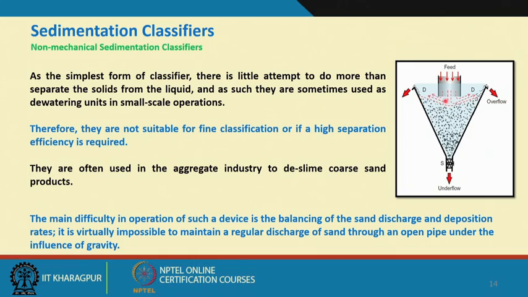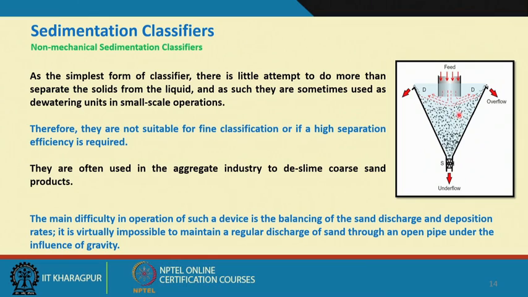In that case, what will happen? Your fluid has a horizontal movement like this, and the relatively coarser particles will try to settle faster. Because of that settling, there will be some displaced fluid also, which will have an upward velocity.